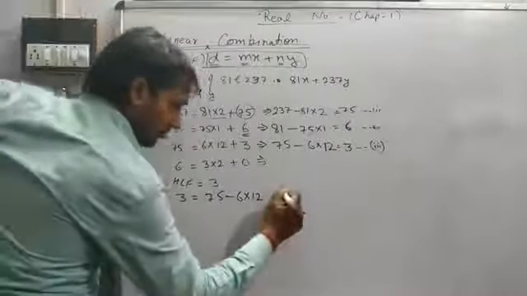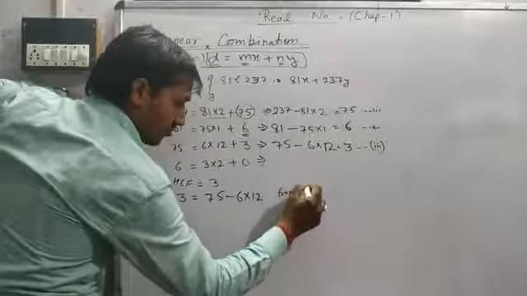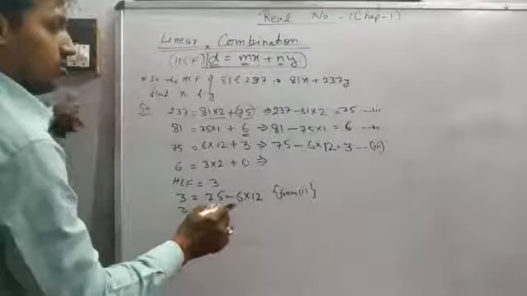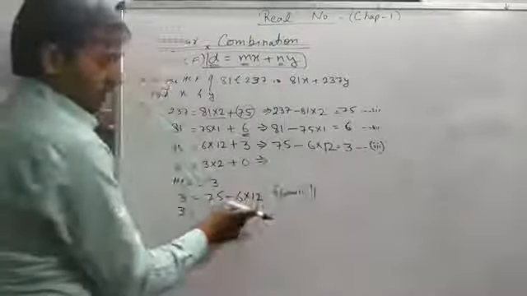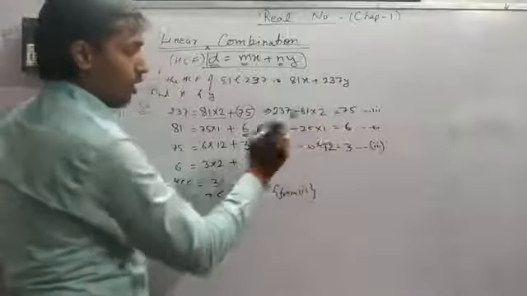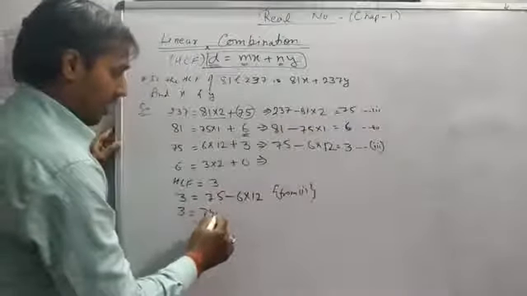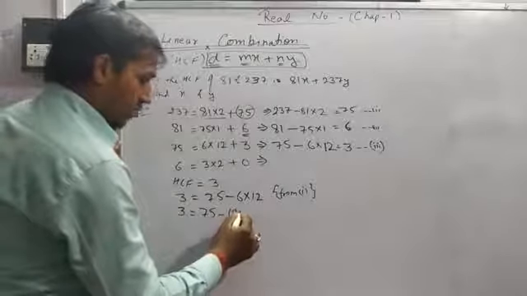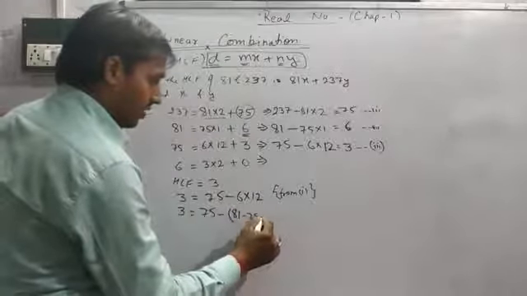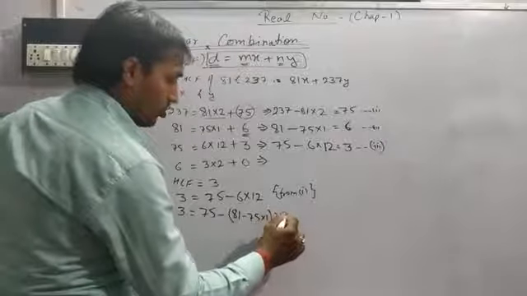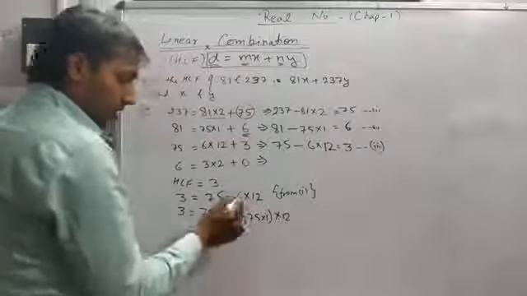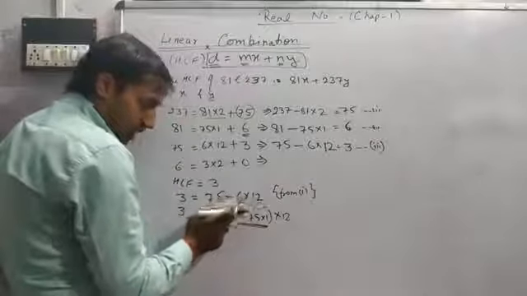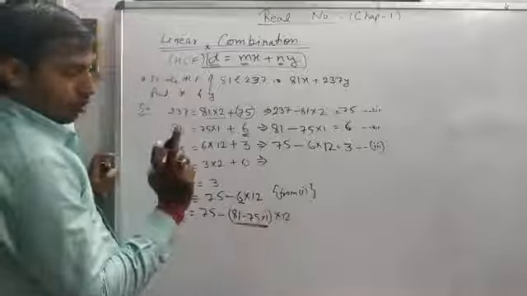Then convert the remainder 6 from the second equation with its value: 3 equals 75 minus, in bracket, 81 minus 75 into 1, into 12. Can you see here? We only replace 6 with these values; the minus and the 12 are the same, no change.